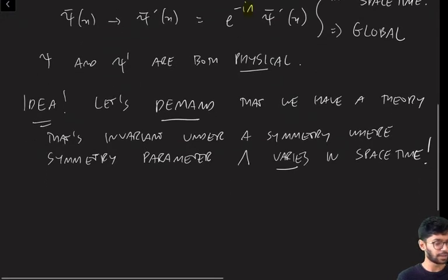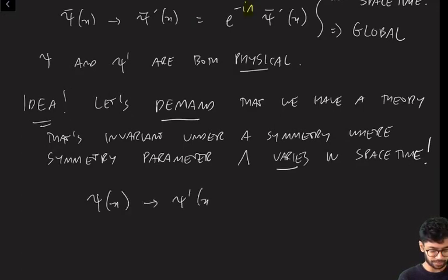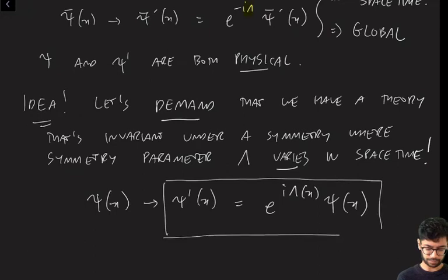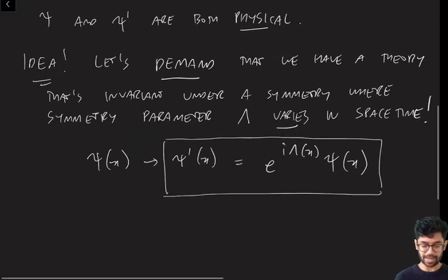In other words, let's demand invariance under the following symmetry. Psi goes to psi prime, which is e to the i lambda of x times psi of x. Where the crucial difference here, of course, is that now lambda of x depends on space-time.